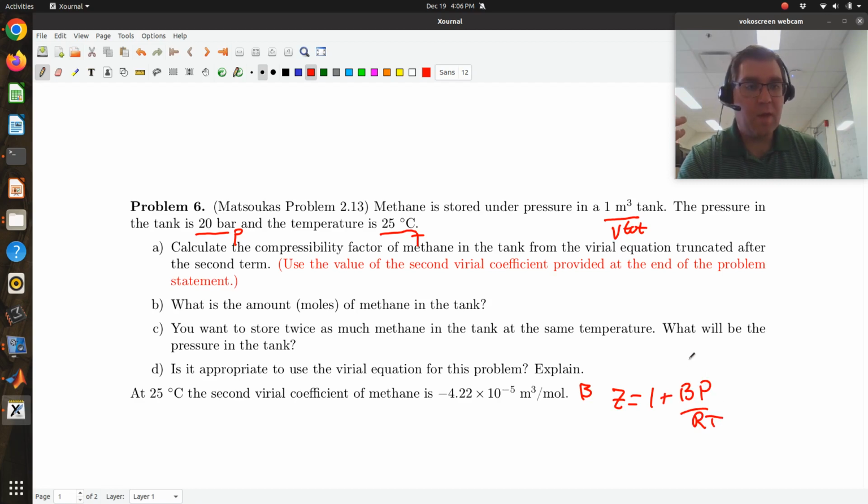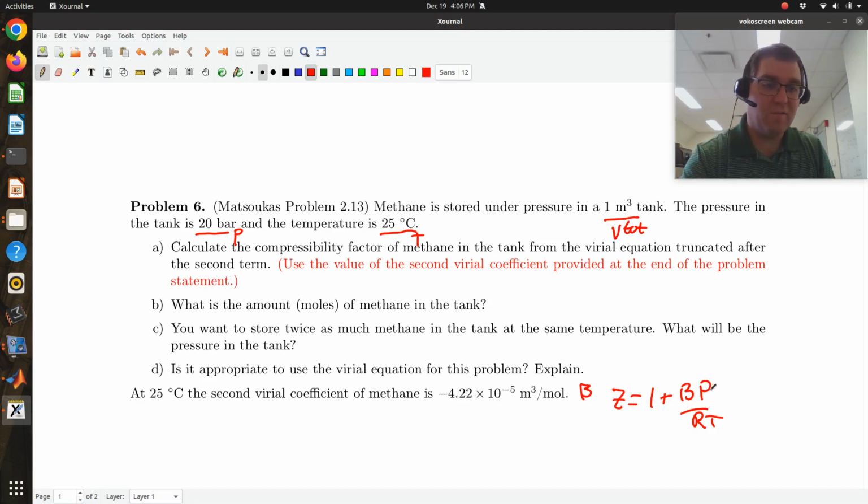So really this is my power series expansion in P, where I'm using my virial coefficient from my power series expansion in density. Regardless, it's BP over RT, where B has units of molar volume, so BP over RT is dimensionless, so long as my units are consistent.